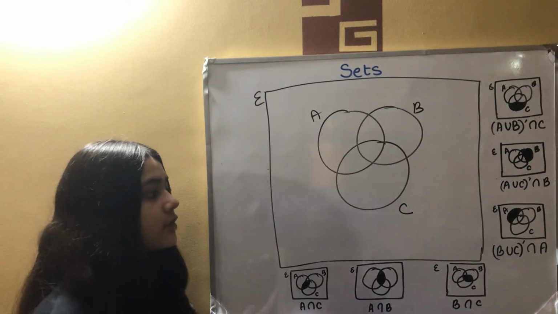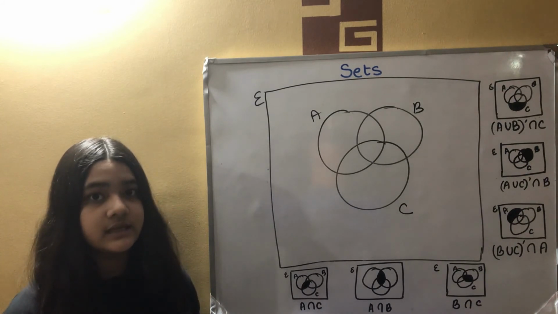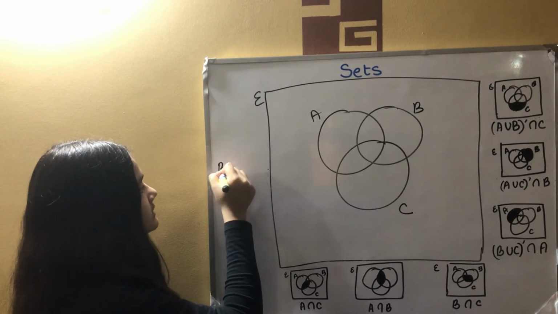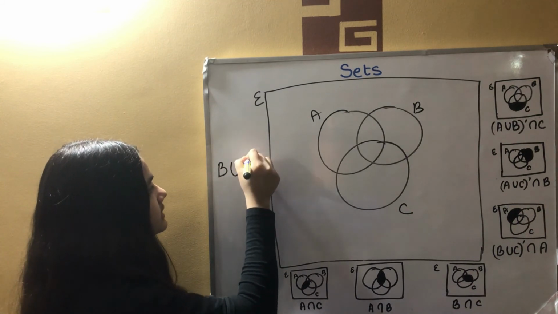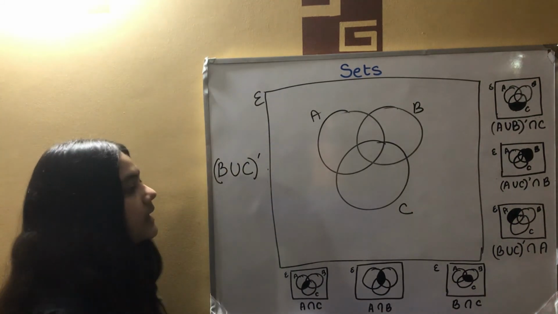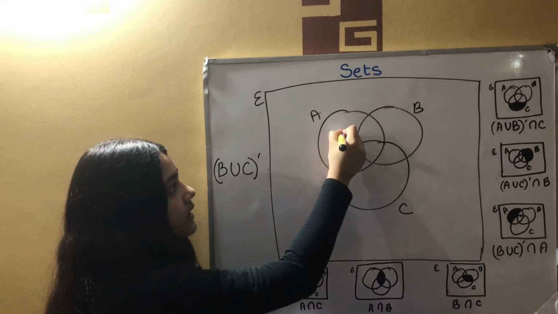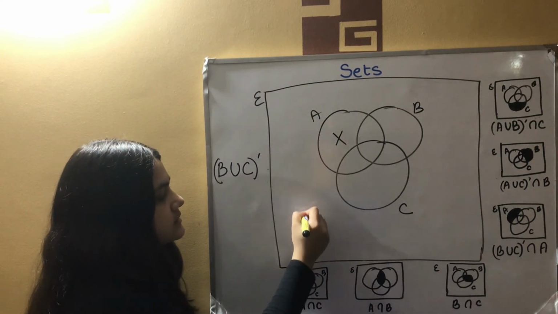And then we have complement of B union C, intersection A. So first of all, let's look at complement of B union C. The regions of complement of B union C are this region and this region.